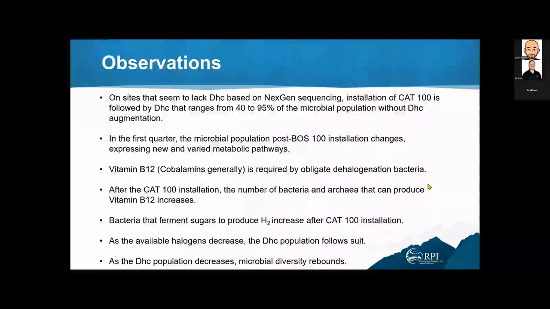And there's also quite a bit of energy to be harvested by dechlorination, at least for those microbes. So I don't know if that really answers the question, but it's so different than, say, petroleum sites where, post treatment, depending on what you're treating with, but certainly post treatment of, say, a BOS 200 plus, you will actually see diversity go way up. But on chlorinated sites, you tend to see it focus down.